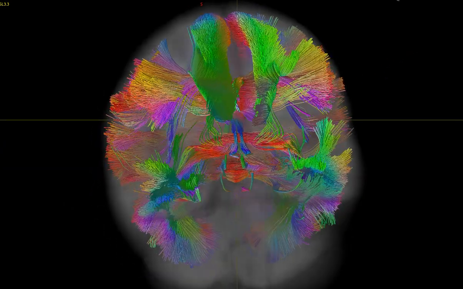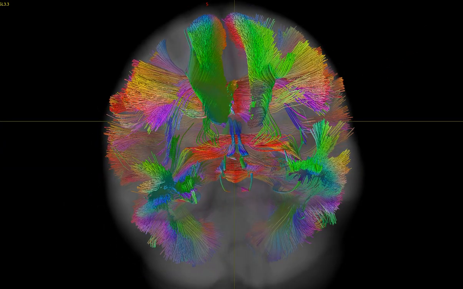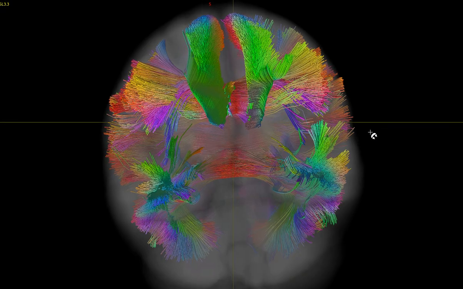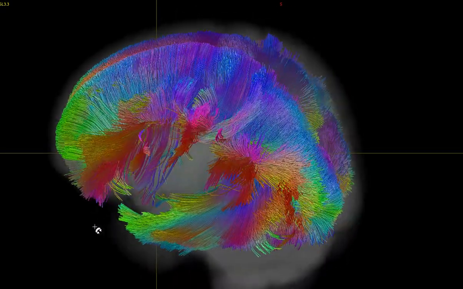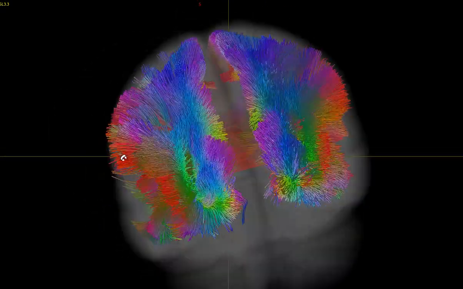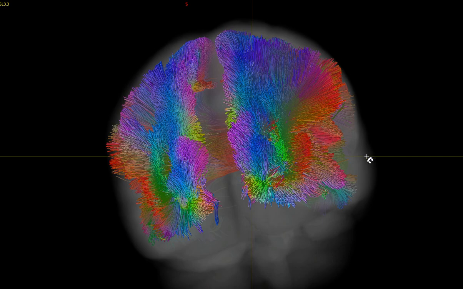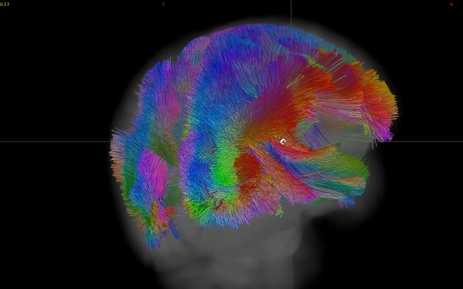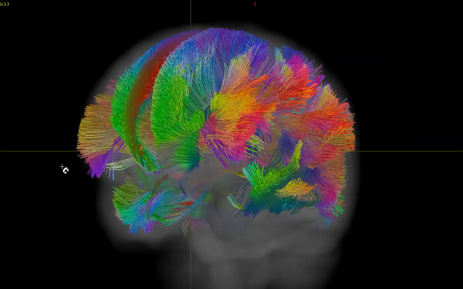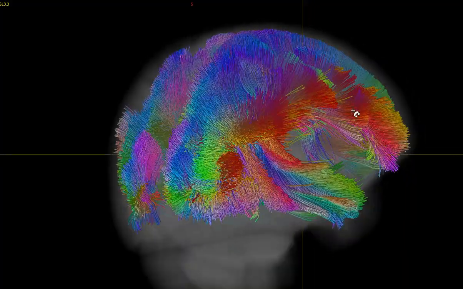Now, if I remove all the fibers except for the main chunk of corpus callosum, that's it. You can see how the fibers that pass through the corpus callosum are by far the largest amount of fibers that go pretty much everywhere around the brain.